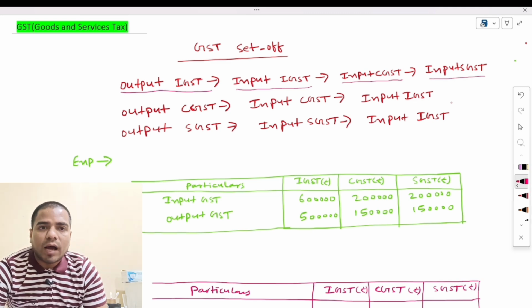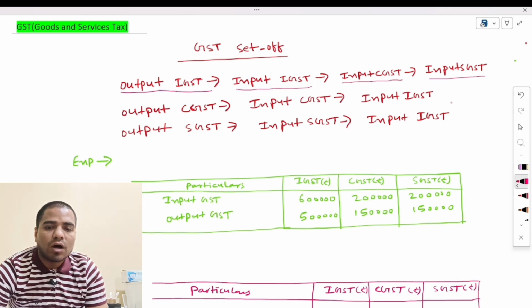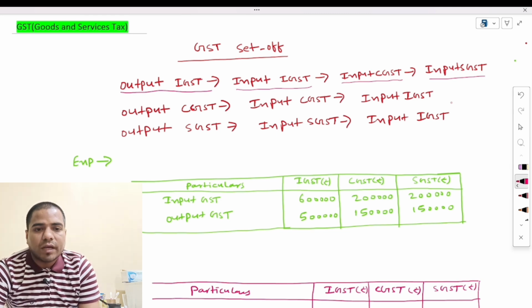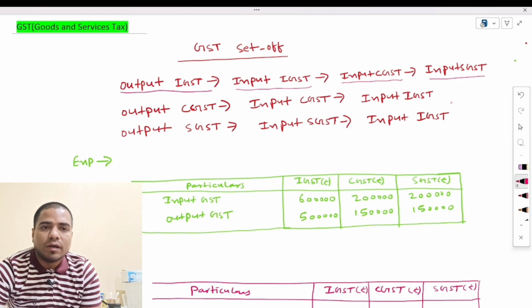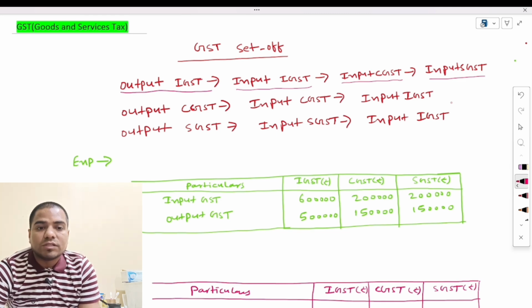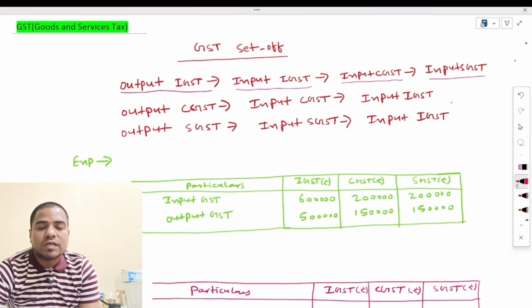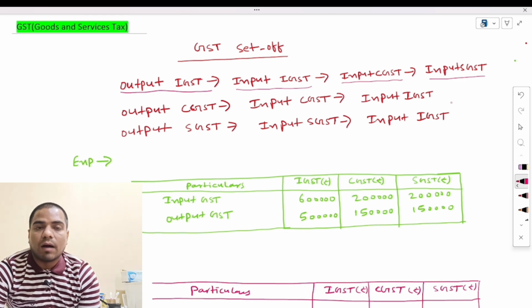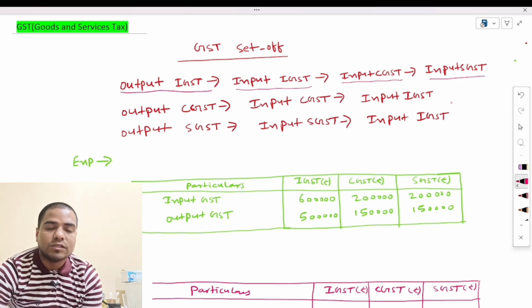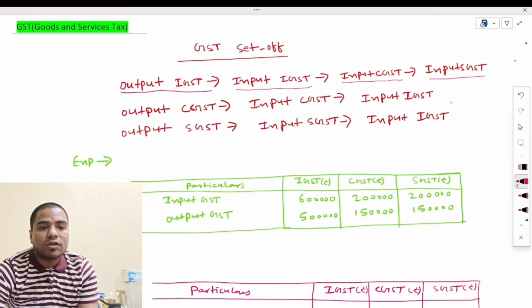And if input IGST amount is more than the output IGST amount, it means input IGST balance will be remaining, and this input IGST balance will be used for set off of output CGST and output SGST. So first of all, the output IGST amount will be set off with the input IGST amount. Later on, we can use the balance amount of input CGST and input SGST also.